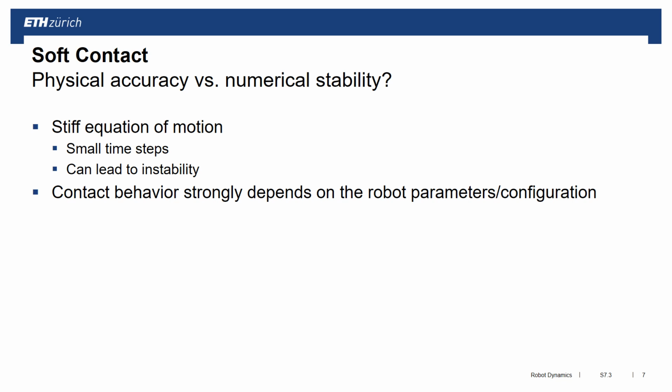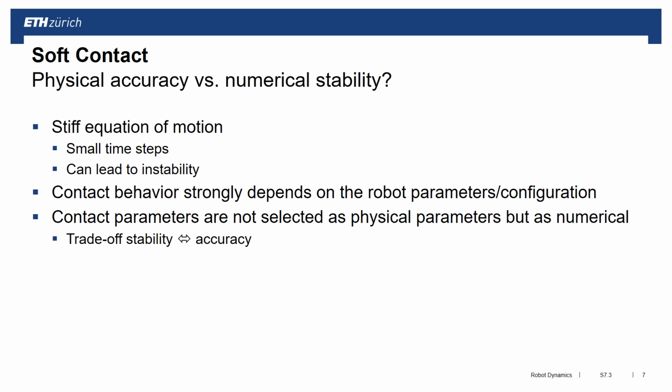So also depending on the configuration, you have to tune these parameters. So that means that these contact parameters are not really selected as physical parameters, but rather much more as numerical parameters where we trade off stability with accuracy.